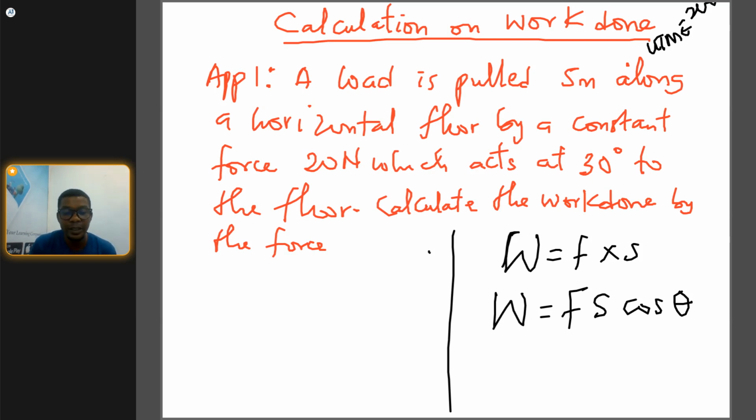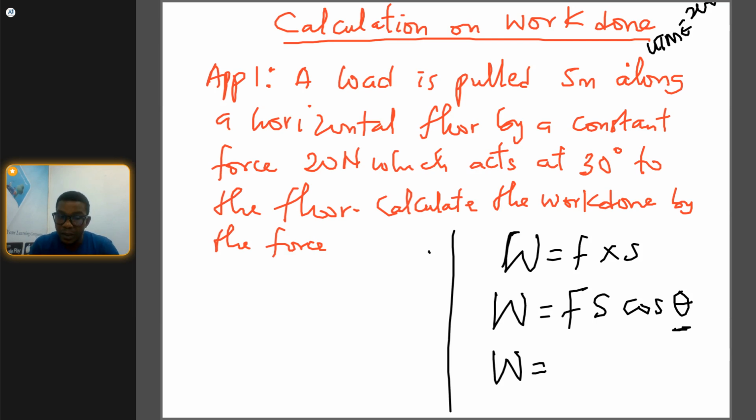If you are carrying a load on an inclined surface, that inclined surface is going to make an angle with the ground. That angle is what we have as theta. So these two formulas we are going to use, and also work done in fields.